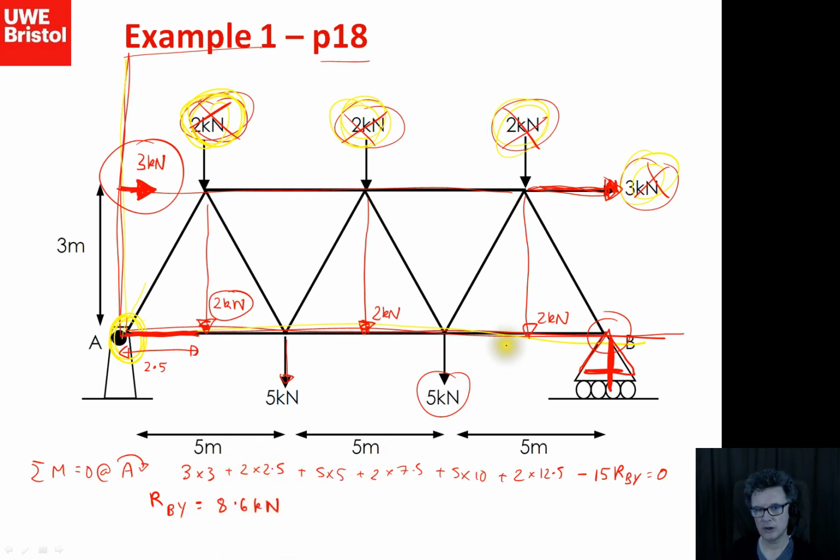And what you could do is you could either take moments at B, or you could sum up your forces in the y direction to find out what RAY is going to be.